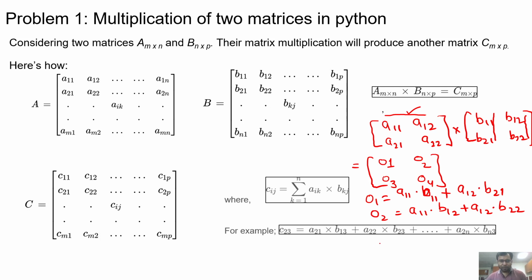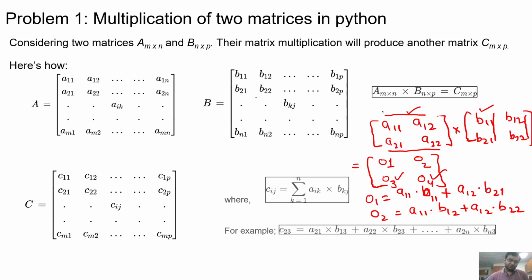Similarly, for O3 and O4, we'll be multiplying the second row of matrix A with the first column of matrix B to get O3, and when we multiply the second row of matrix A with the elements of the second column of matrix B and add them together, we'll get O4.